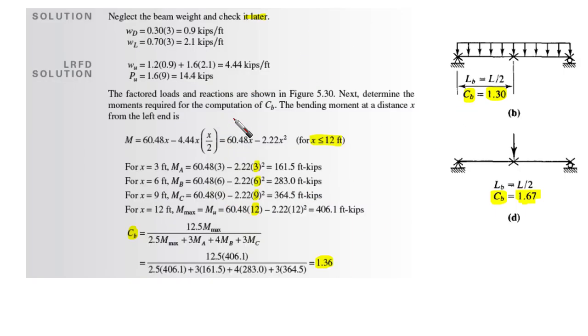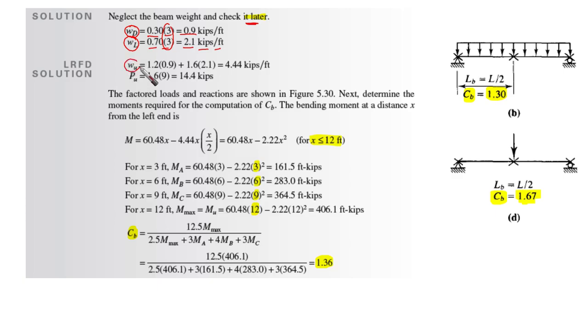Now the solution. First of all, as we do in design, neglect the beam weight and check it later. We have a distributed dead load and a distributed live load, 0.3 times 3 and 0.7 times 3, because we have the distributed load of 3.